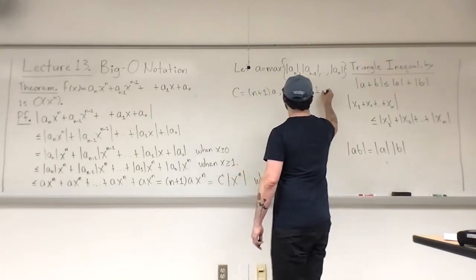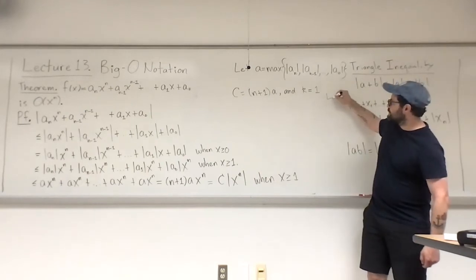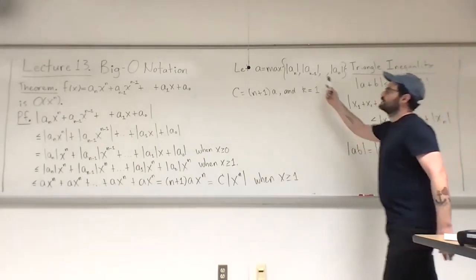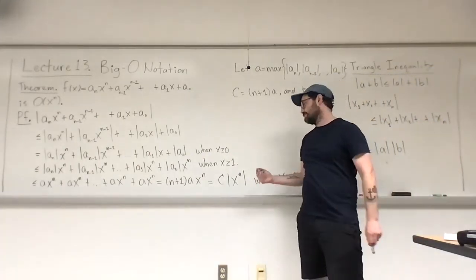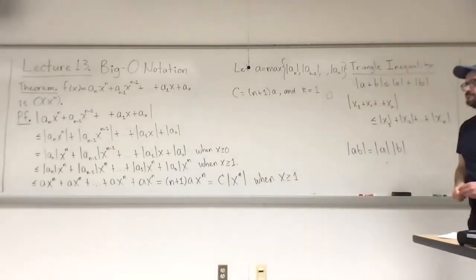Those are your witnesses. It's not the best looking proof, but that's the idea behind it. Use the triangle inequality, take the maximum of the absolute values of the coefficients, combine like terms, and then you have that the polynomial is no more than that.